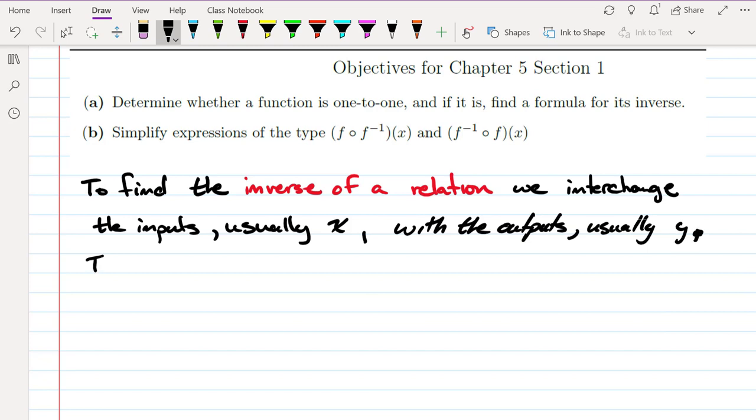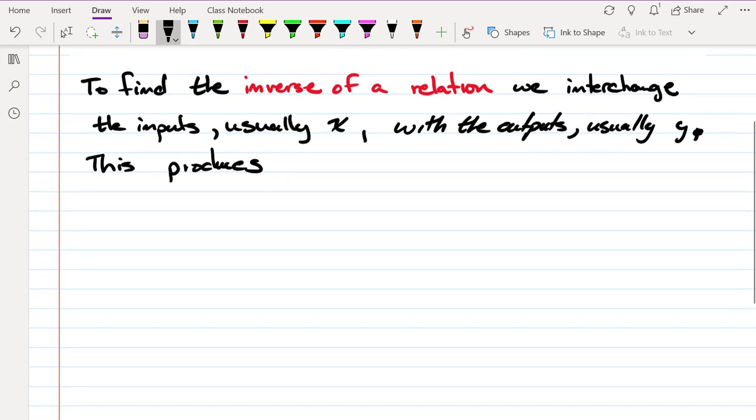This produces the inverse of the relationship.